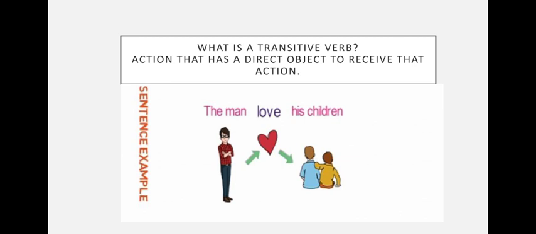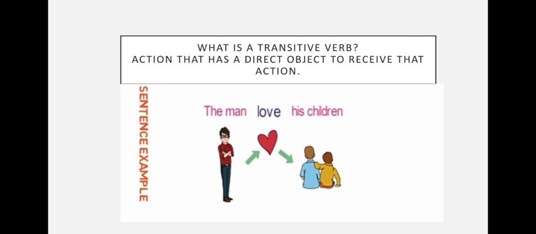Now let us look at the example given below. The man loved his children. Now in this example, we know that love is the action going on. Yes or no? So that is the verb. And this action love is performed by whom? By the man.